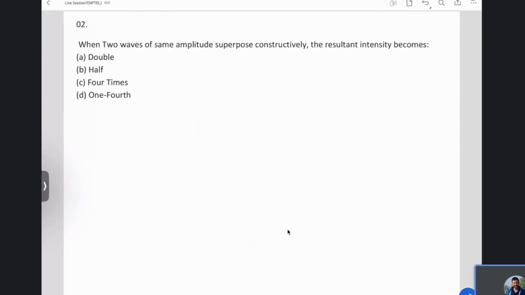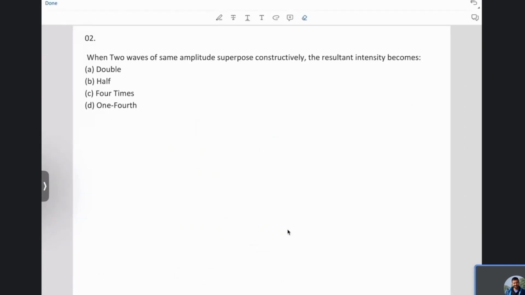Here, when two waves of the same amplitude superpose constructively, the resultant intensity becomes what? Suppose we have two waves like this.